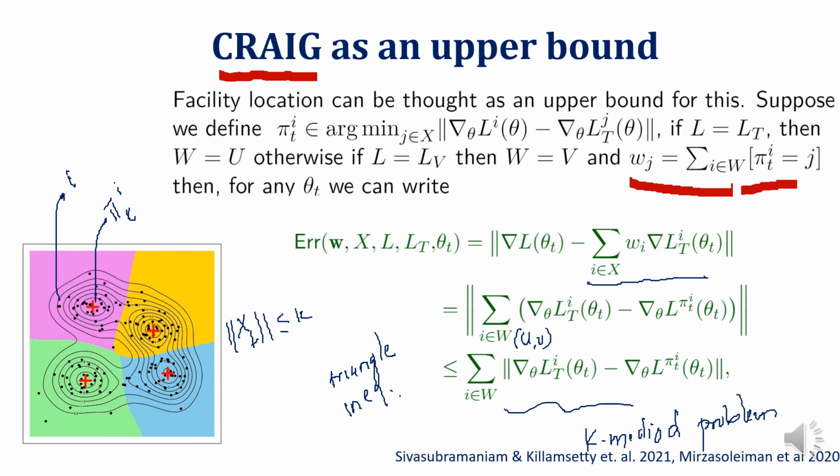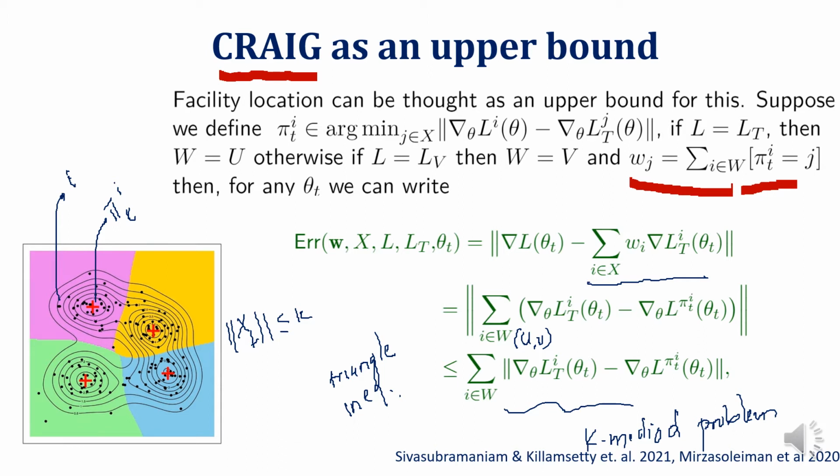So now what we have done basically is take the summation outside over all the elements in W, and the second step is we apply the triangle inequality, where we take the norm of the summation to be less than or equal to the summation of the norm of the differences.